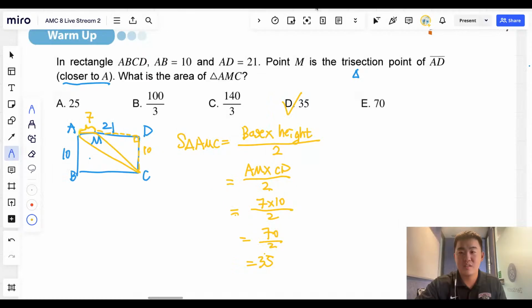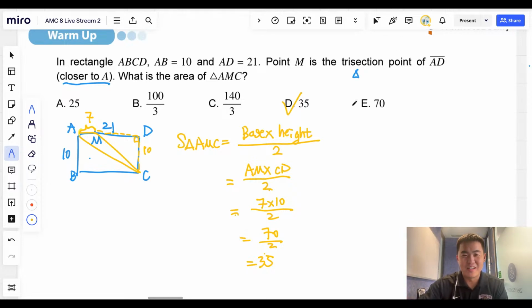Okay, good. I think now it works, right? Now it works.